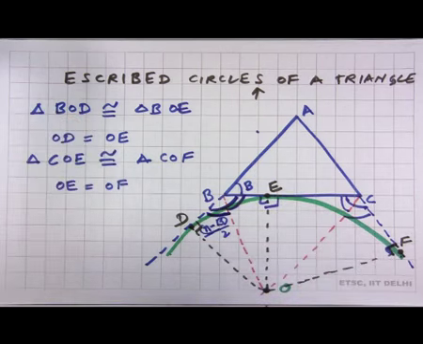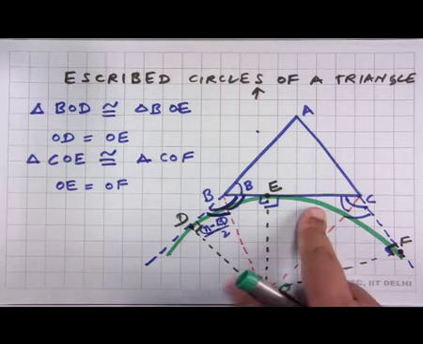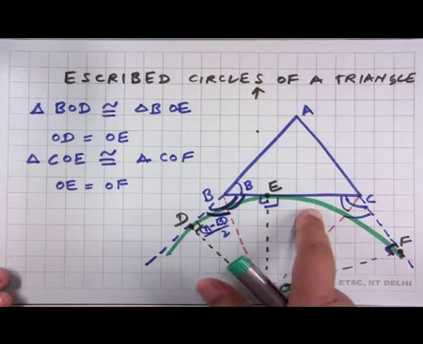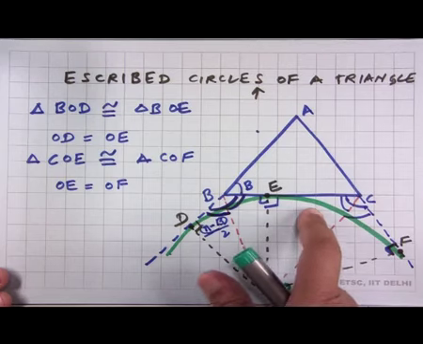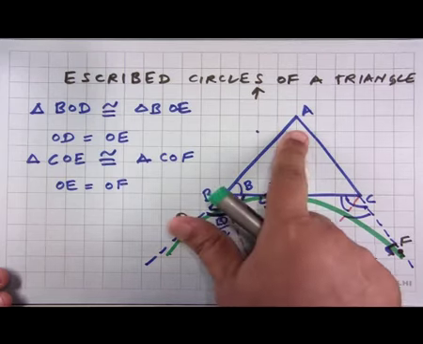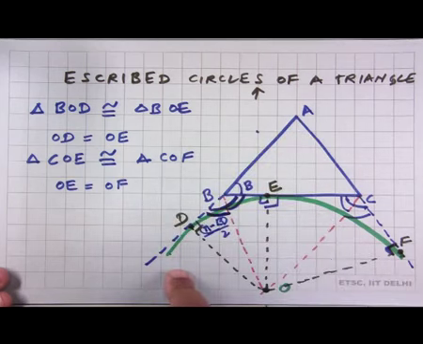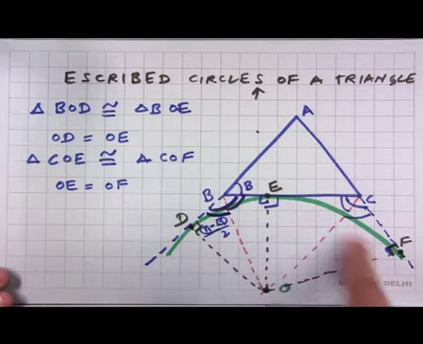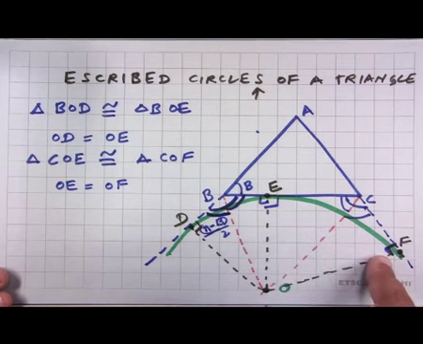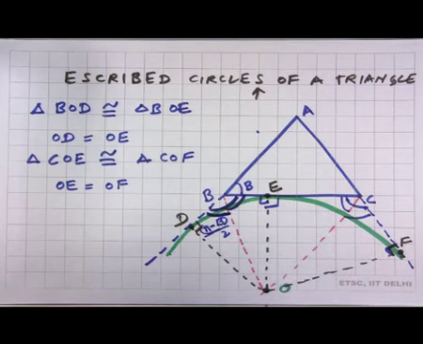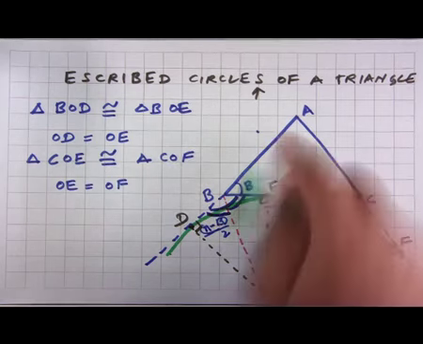I have only shown a part of the circle, and this circle is called the escribed circle opposite to angle A. So, this is the escribed circle to the triangle ABC, which is opposite to angle A.